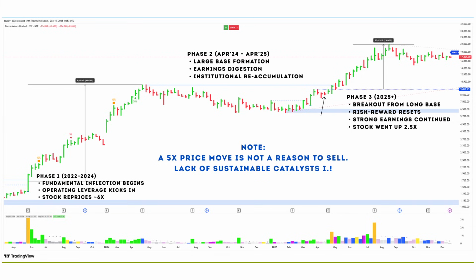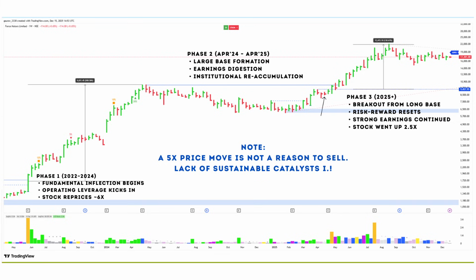If you see the yellow bars in the bottom volume, these are pocket pivots on a weekly chart, which means institutions are accumulating the stock, and you won't see a lot of big purple bars, which are selling bars, and that's a good sign, right? Within the base, if you see this kind of accumulation happening, then the stock reaches the right side of the base where it forms a small mini base within the base, and that becomes our entry point.